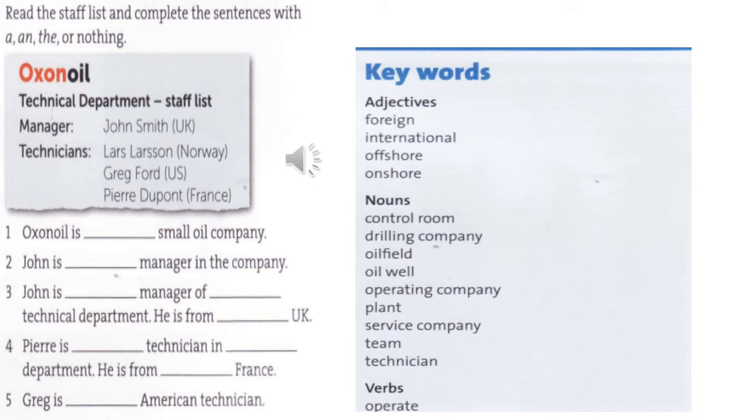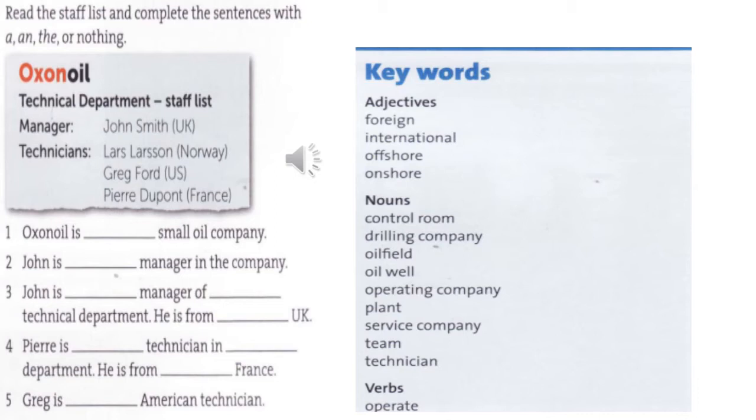Offshore wells, or onshore, the opposite. Offshore are the wells or fields that are on water or in water. Onshore are the fields that are on land.